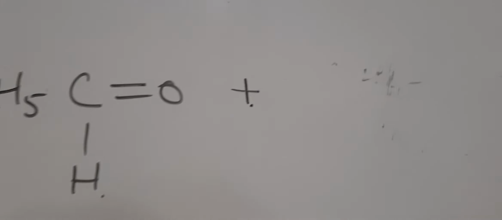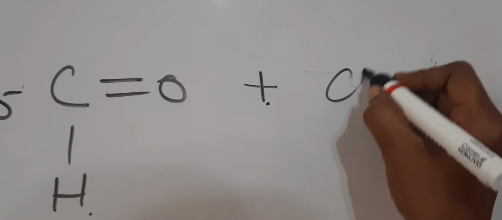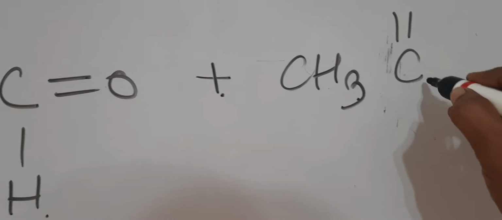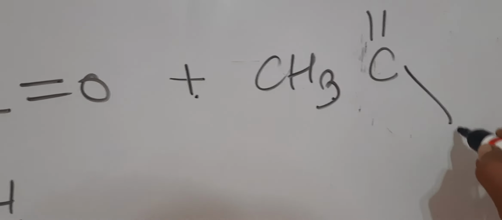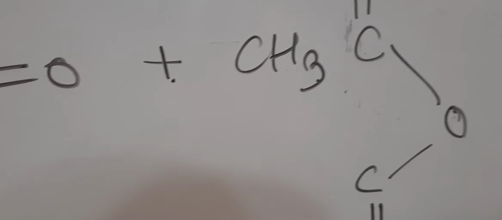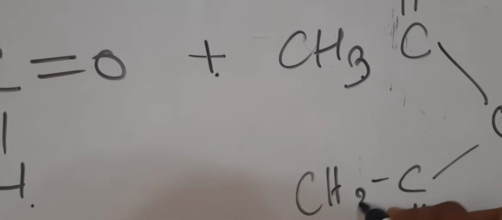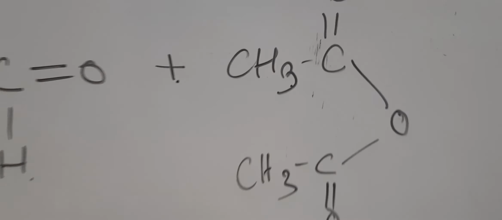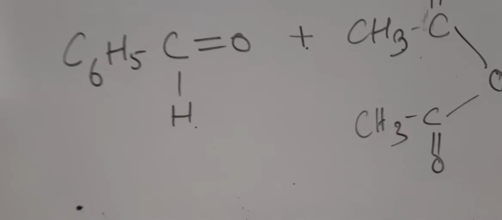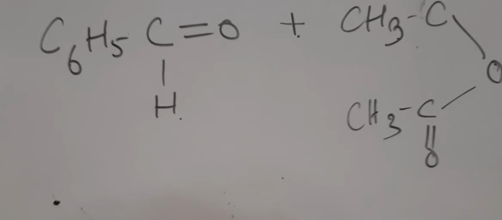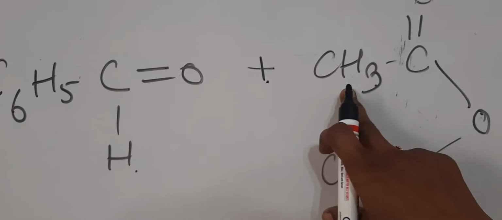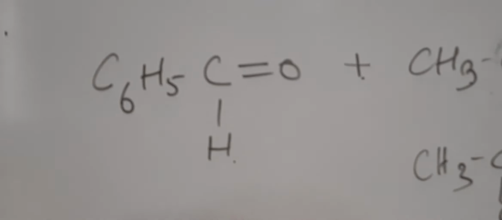You should know how to write acetic anhydride: CH3-C=O, O, C=O-CH3. This is how we write acetic anhydride. These two combine, and there will be water removal: H2 from here and oxygen from here will get removed.